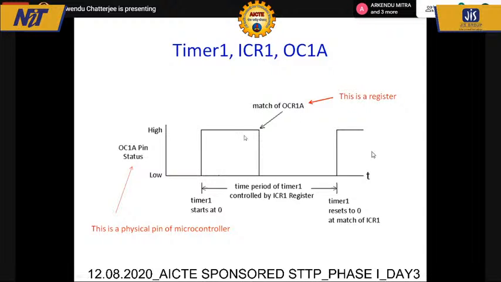If you change OCR1A, the pulse width will change dynamically. It is very interesting. Right from the next instruction cycle, this value will change. You can dynamically change this value and see. We will see that. So ICR1 will control the time period of the timer, and OCR1A will control the pulse width of the PWM. This is the gist of PWM control in our Arduino board.